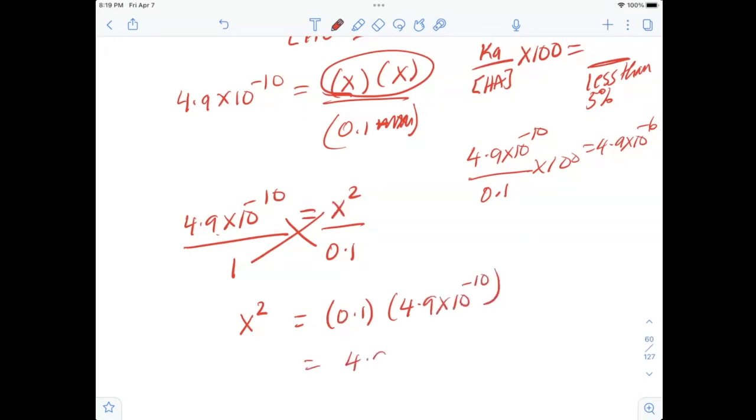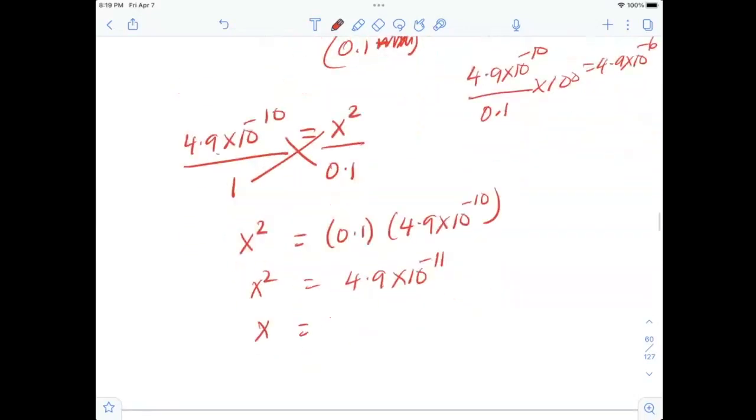I end up with x squared equals 4.9 times 10 to the negative 11. So what is x? I need to find the square root of that.